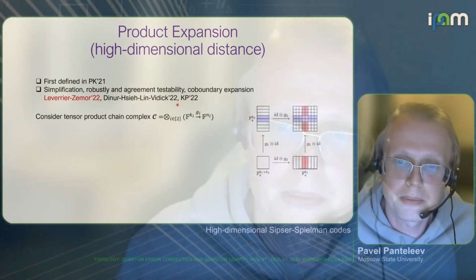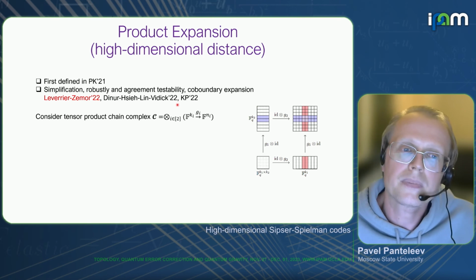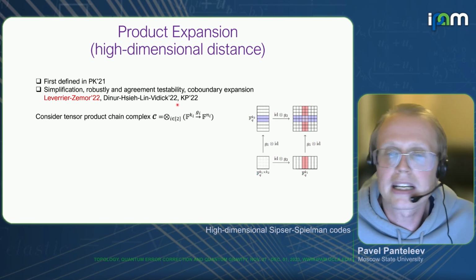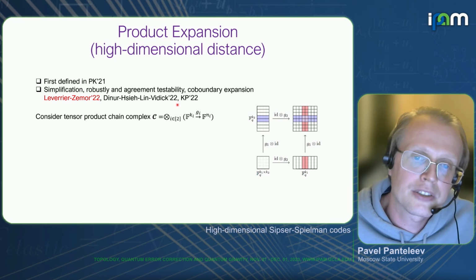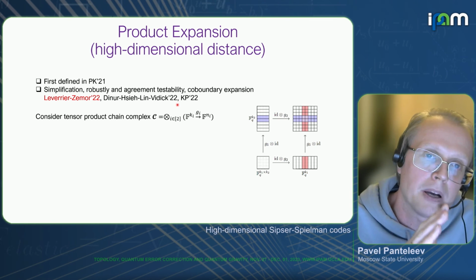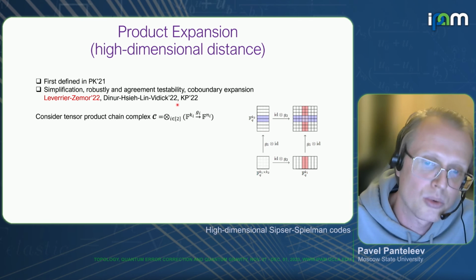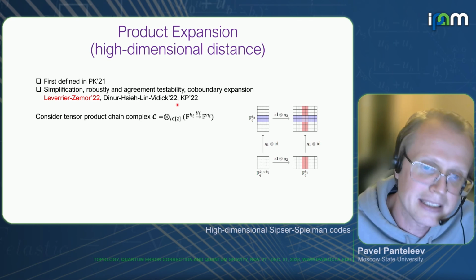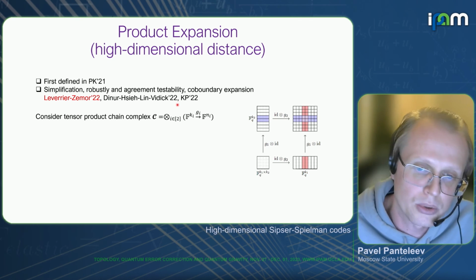And even after that, in those two papers, this idea was even further simplified. And now we have a very simple definition. This definition works not just for a product of two codes, it also works for a product of many codes, but for simplicity let us describe it for two codes.